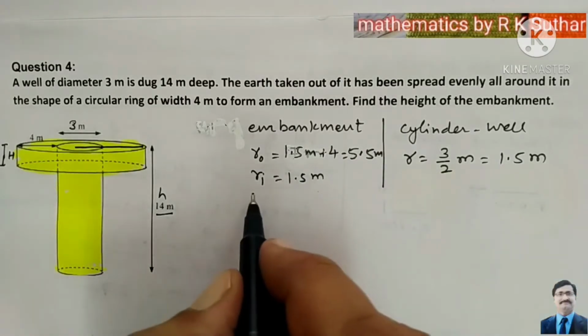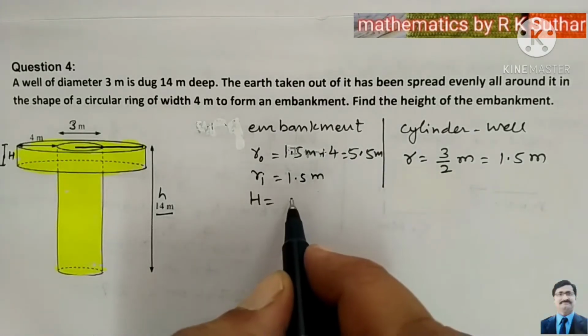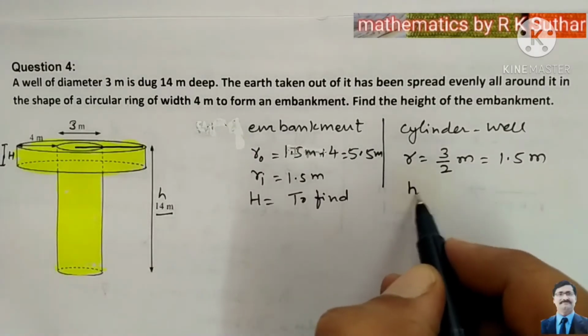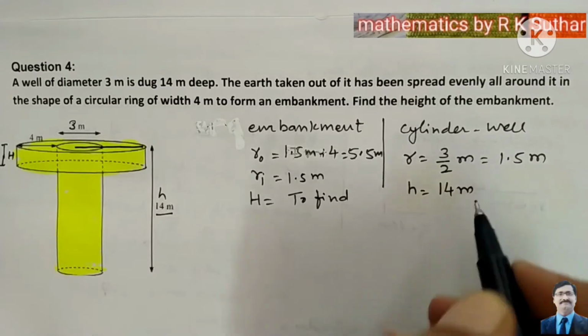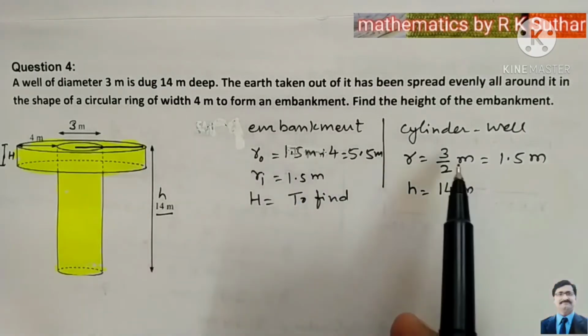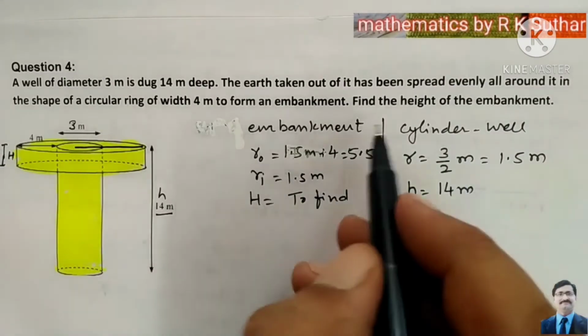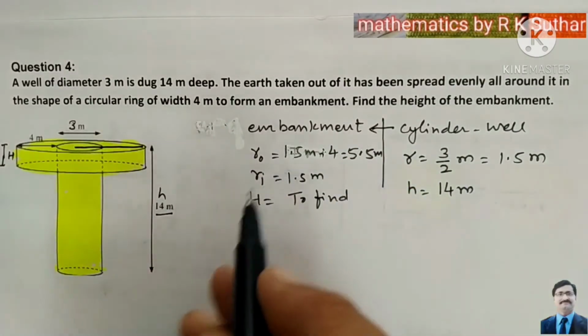Now look here, the height of the embankment is h, which we have to find, and the height of the cylinder we already know, that is 14 meter. The volume of the embankment and the volume of the cylinder will both be the same, because this cylinder we have to convert into the embankment.